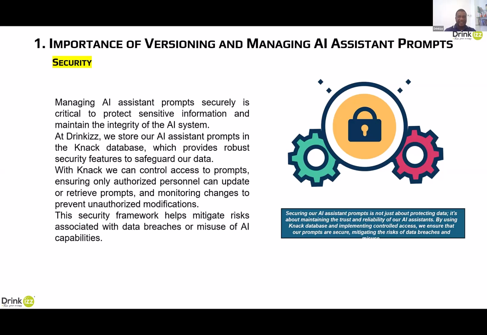With an Excel file, it will be very difficult to control this kind of rule or permission management. This helps prevent changes by people who are not allowed to make them. This security framework is very important to reduce risk. It makes sure that our AI prompts are safe, used correctly, and also managed by the right people.